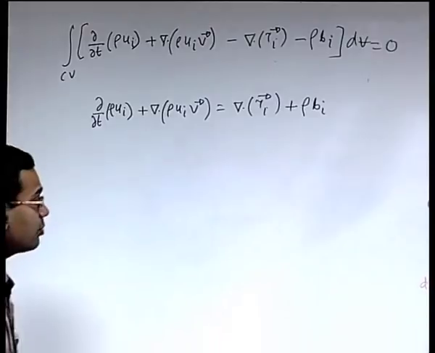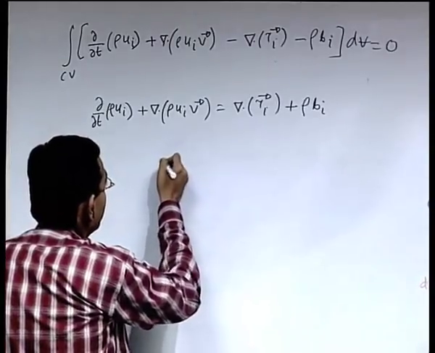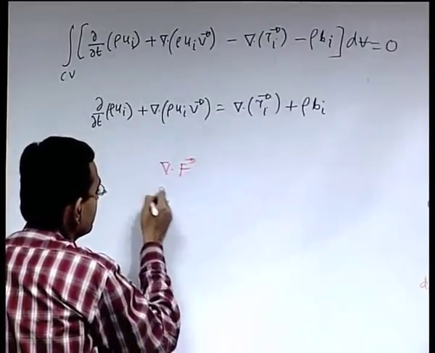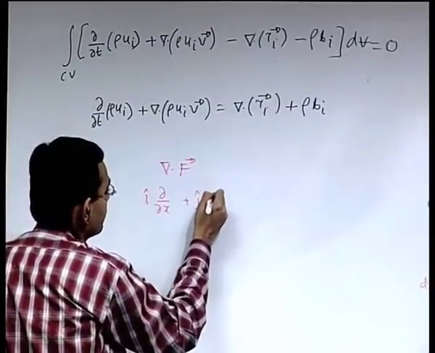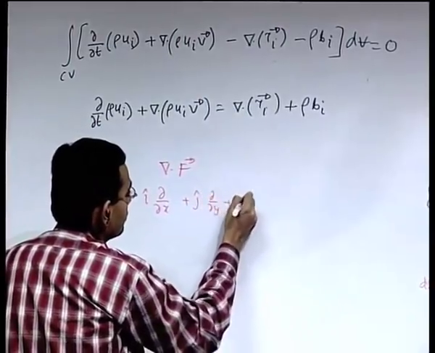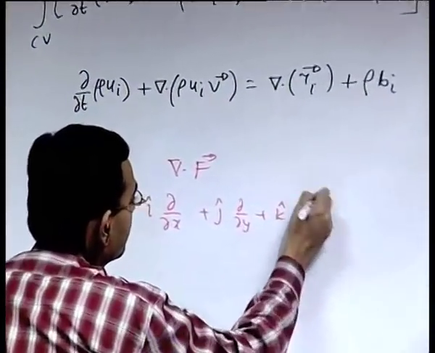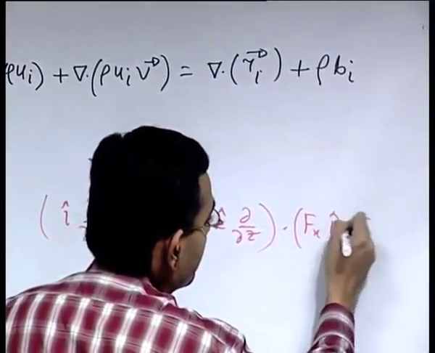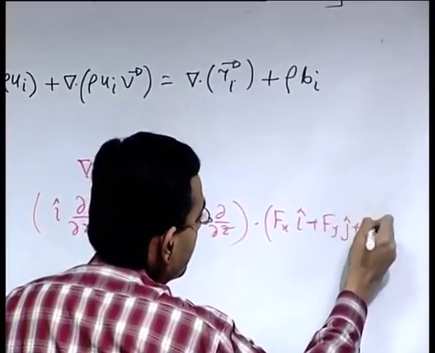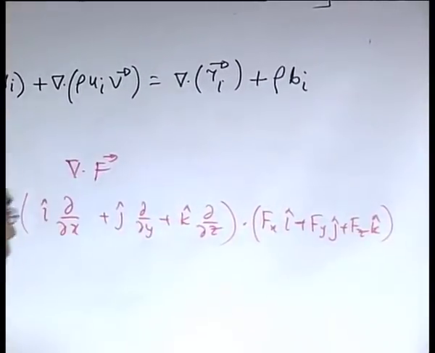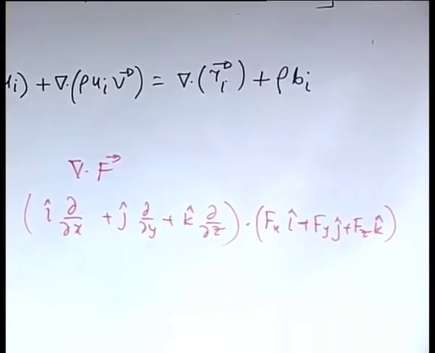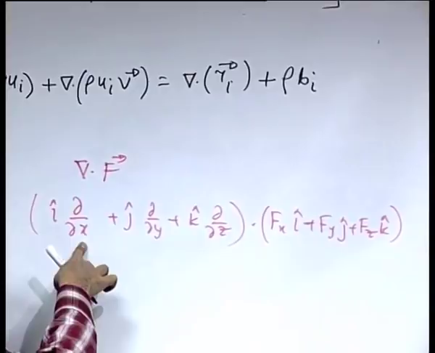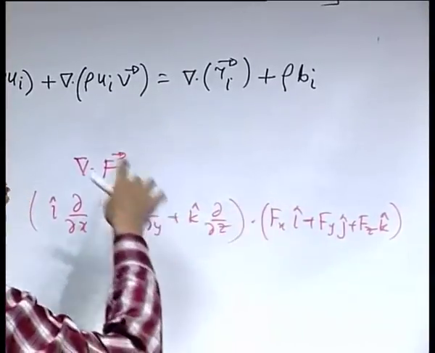Let us say that we are considering the divergence of some vector f. So, you can see that its x component is partially differentiated with respect to x, y component with y and z component with z.